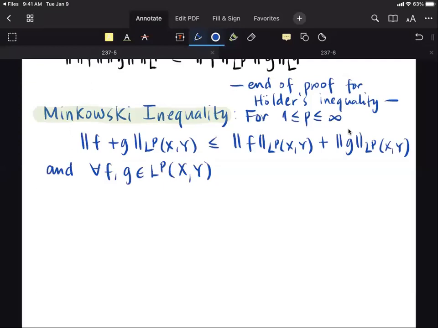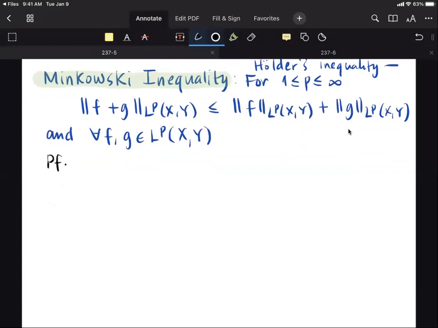Okay, so let us look at the proof. How does Holder's inequality enter into this one? First, this case is done because we have established this a while ago.